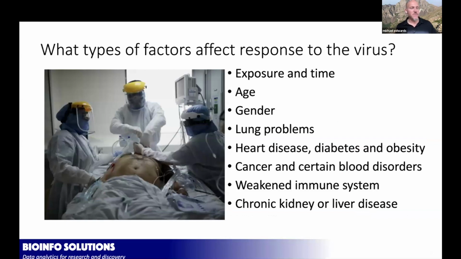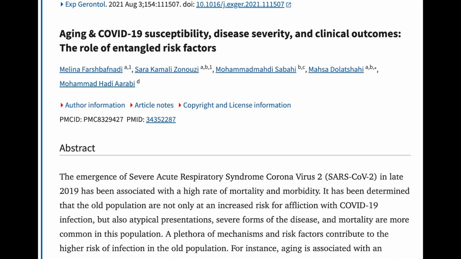So what kind of variables are in these studies? First off, we have to figure out what factors actually affect the response to this virus in humans. Definitely exposure and time: the more virus you get at the beginning, or the longer or shorter after infection. Age plays a huge role in COVID-19.